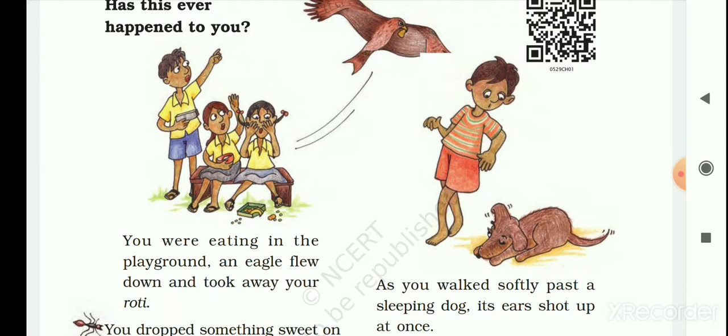Because you don't know when the eagle came over here, how did it take your roti, right? So this is the picture regarding this. Now can you identify which sense organ you use over here? Yes, by seeing with your eyes that the eagle takes your food, you use your eye, the sense organ, right? Very good.